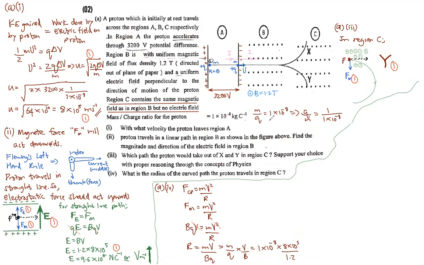So that should give us an answer. Anyone got an answer for this, people? It is 8,000 over 1.2. Right, 6.67 into 10 to the power minus 3. Hasna says that's the answer. Anyone else who got an answer like that?